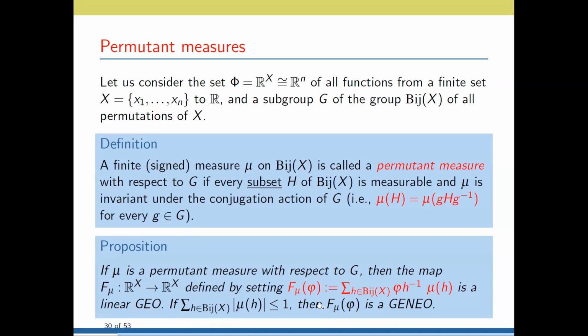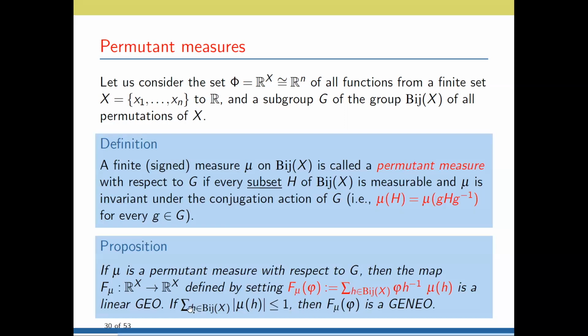In practice, we associate with each admissible signal phi an average of the function phi composed with the inverse of H, weighted with our permutant measure, where the summation is over all permutations of X. Maybe you can think that the group of permutations is huge. It is true in many cases, but in many cases the support of a permutant measure is quite small, and so this summation is restricted to a small set.